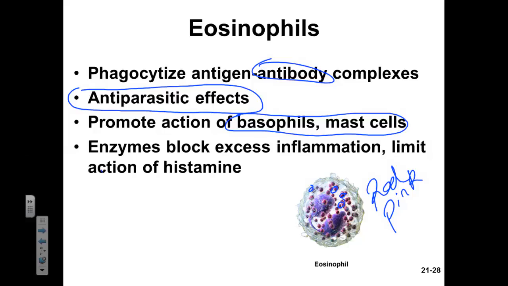So if we have an appropriate immune response, when the basophils and mast cells are activated, we'll also have eosinophils activated at the same time to limit their effect. When somebody has an allergic reaction, the basophils and mast cells are activated, but there are no eosinophils to temper their response.